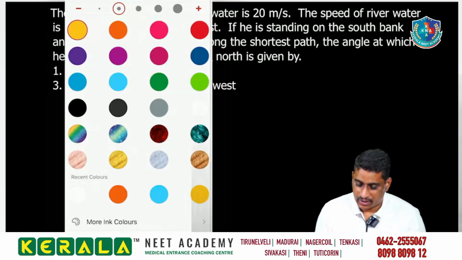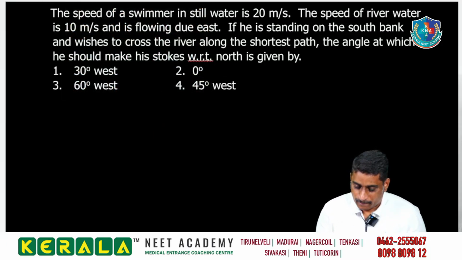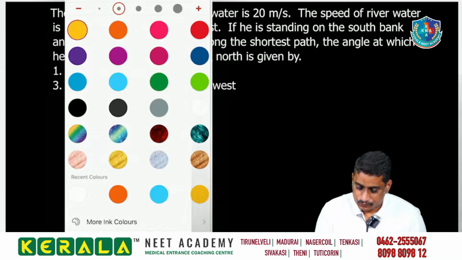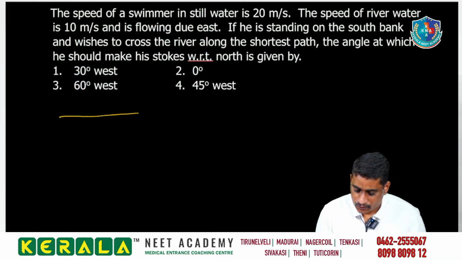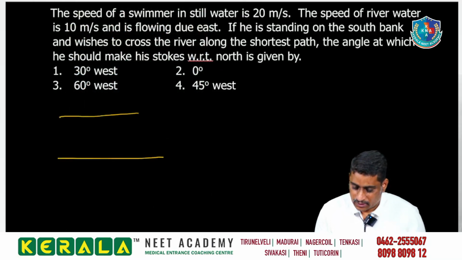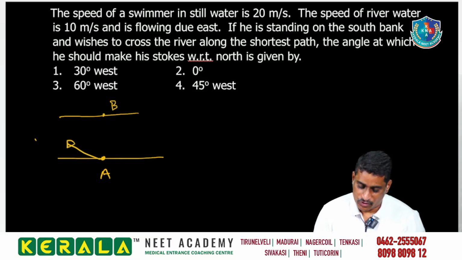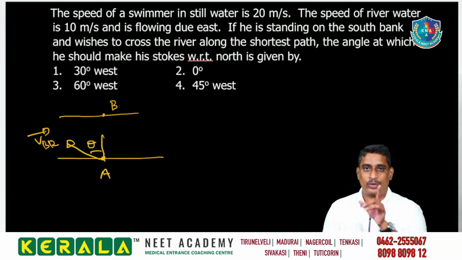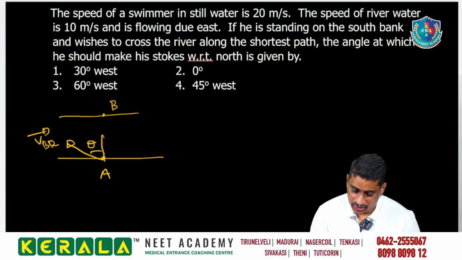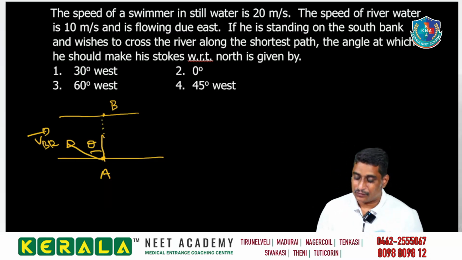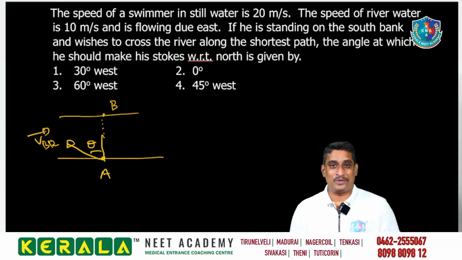So just look at this case, all of you. In this case, that man has to reach exactly the opposite point. Already we have discussed this basic concept. To reach exactly the opposite point, the velocity of the boat with respect to the river should make some angle theta with the vertical like this, and he is reaching exactly the opposite point. See, carefully look at this example.